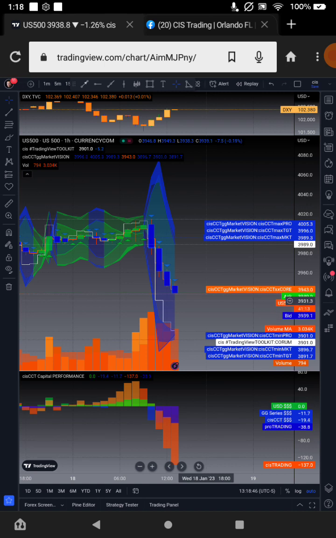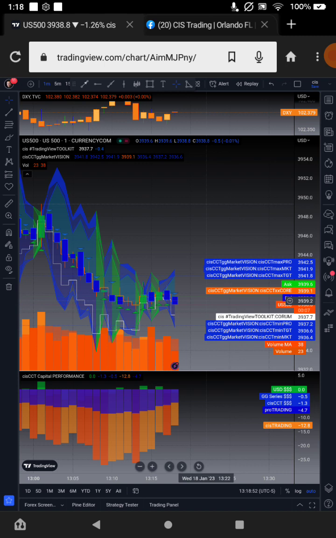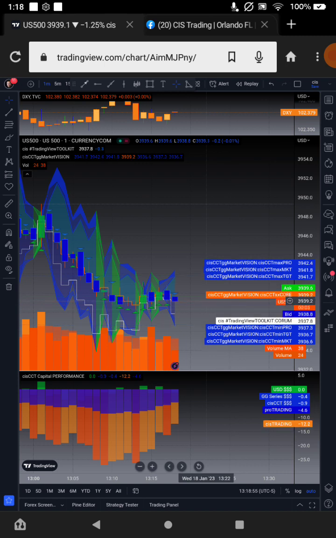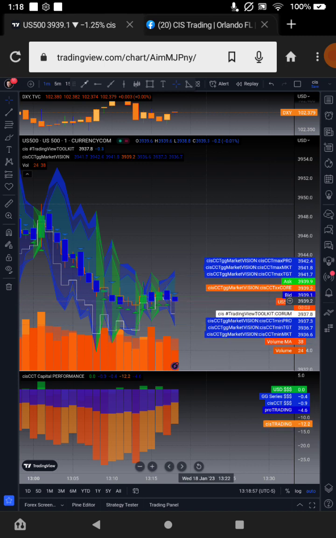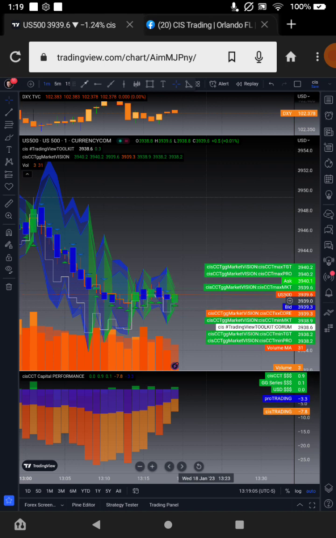Let's go back to the 1 minute. You can see the compression in the market vision where you don't really get any on the bullish bands, the green bands that you see, you don't really get a real bullish move. Those prices move right up into those levels and then they turn right back down.